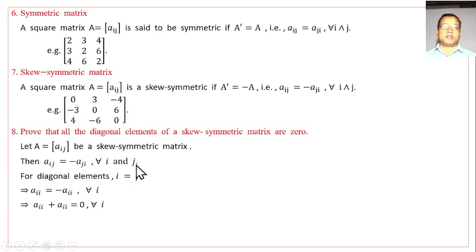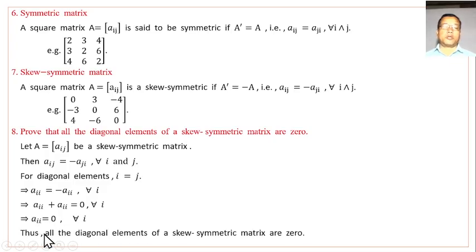Then a11 = 0, a22 = 0, a33 = 0, and thus all the diagonal elements of a skew symmetric matrix are 0.